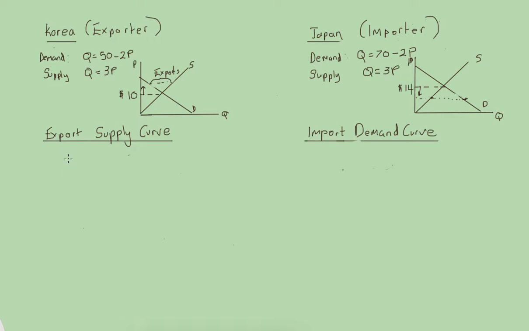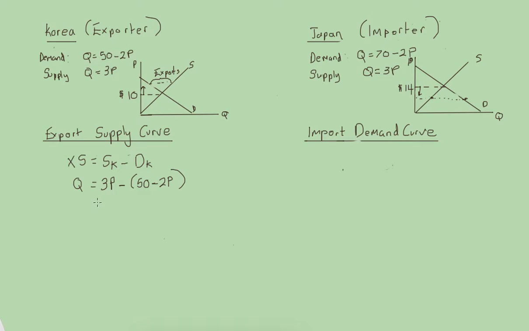So here we go. Export supply XS is equal to supply in Korea at any given price minus demand in Korea. The supply in Korea is represented as Q equals 3P, minus the demand, which is 50 minus 2P.